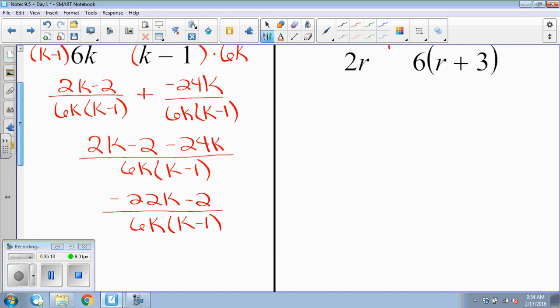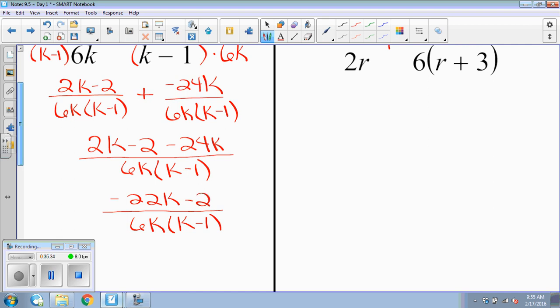Are y'all seeing why I'm leaving this 6K times K minus 1 and I didn't distribute that? Okay, what am I going to have to do next on top? Factor out my greatest common factor and hope it cancels with something on the bottom. So if I would have distributed this stuff on the bottom, then I'd have two things I need to factor out my greatest common factor right now.